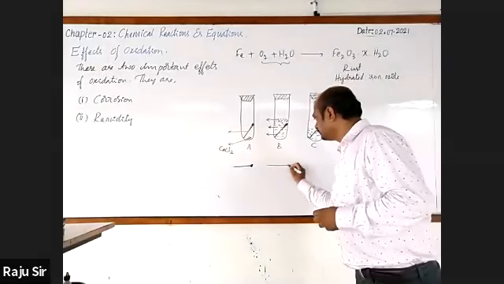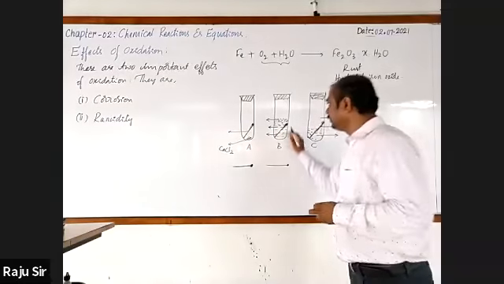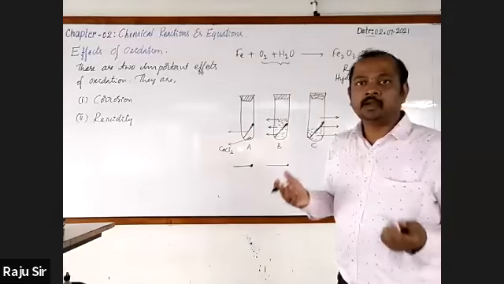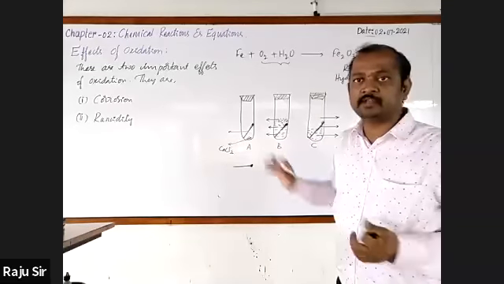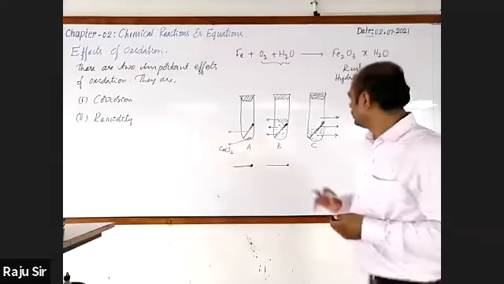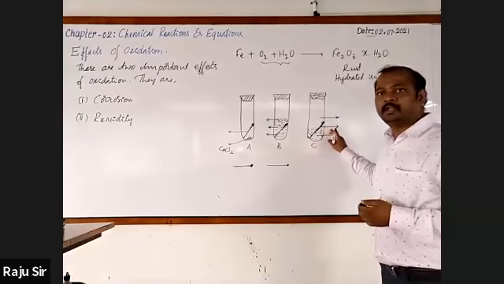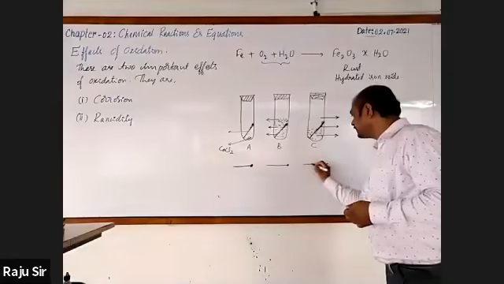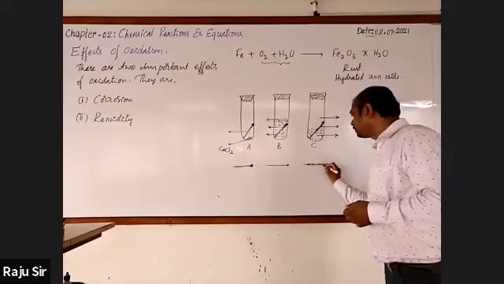Whereas in the second one, when you remove the iron nail from the second test tube, you will not find any change in that also. Third one, when the iron nail is removed from the third test tube, you will notice that there will be a brown coat on its surface, which is what we call rust.